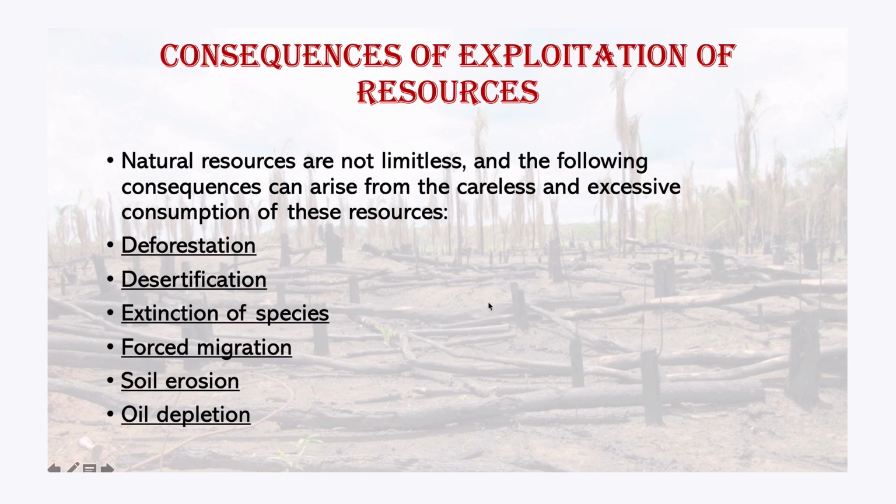So there are consequences of the exploitation of resources. Natural resources are not limitless, and the following consequences can arise from the careless and excessive consumption of these resources. We already talked about deforestation. Once again, deforestation, clear cutting, is a removal of your forest or stand of trees from land, which is then converted to a non-forest use.